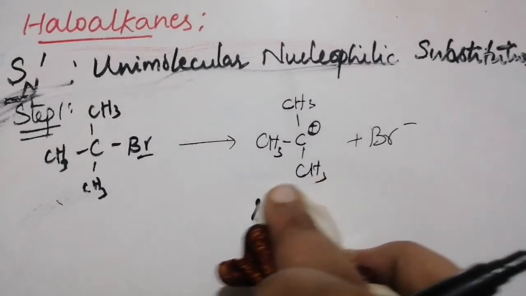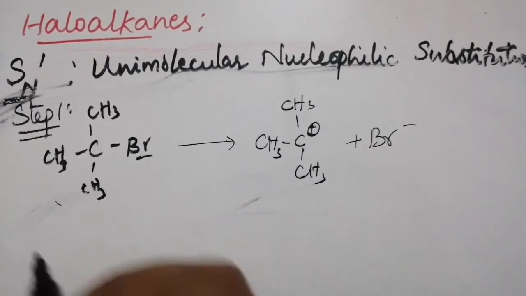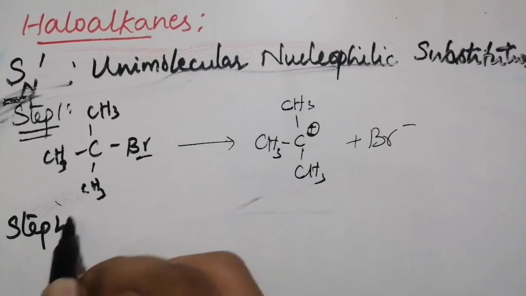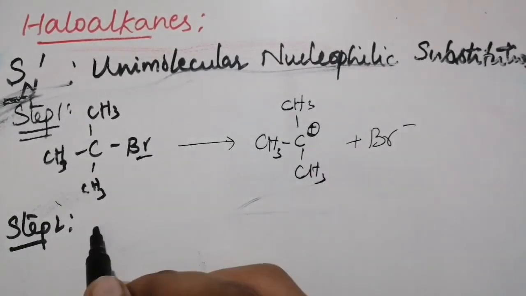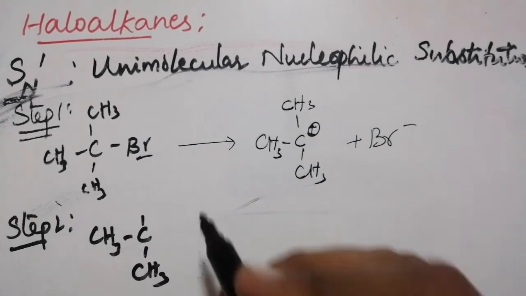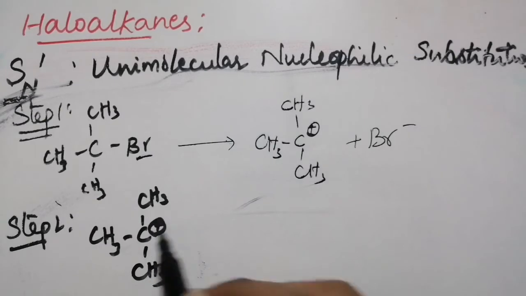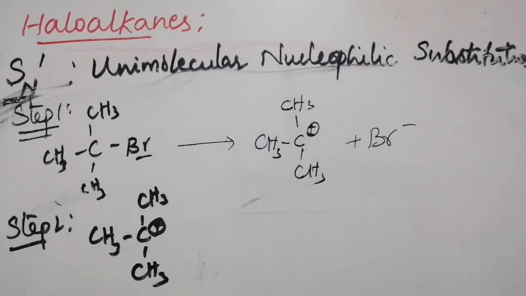What is step 2 now? My step 2 is this carbocation so formed in step 1. The plus charge should be there upon the carbon atom only.